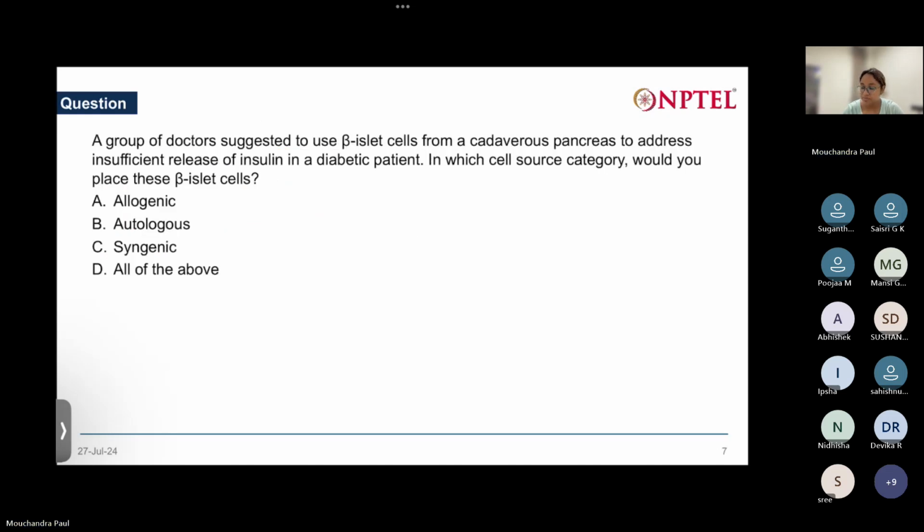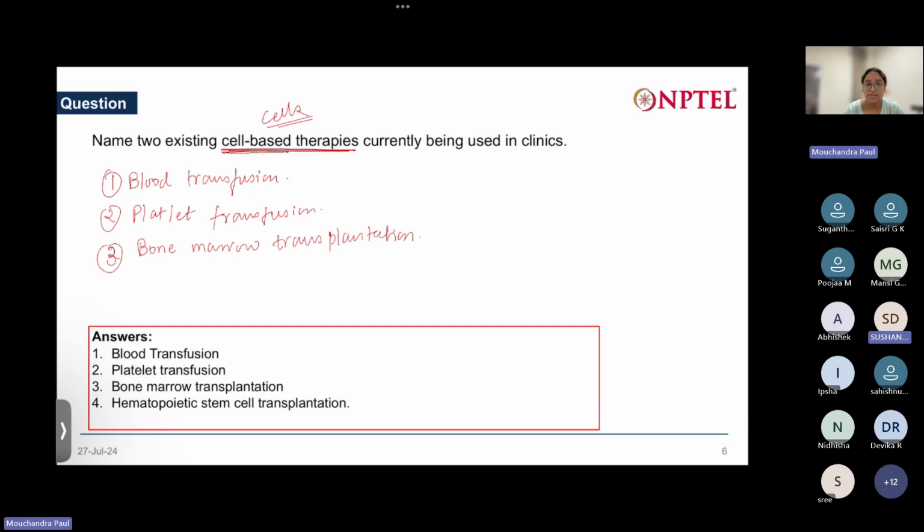so this is another question for you guys. Is my screen visible? The second question, are you able to see? No, ma'am. Okay, now, is it visible? Yes. Okay, so the question says that a group of doctors suggested to use beta islet cells from a cadaverous pancreas.